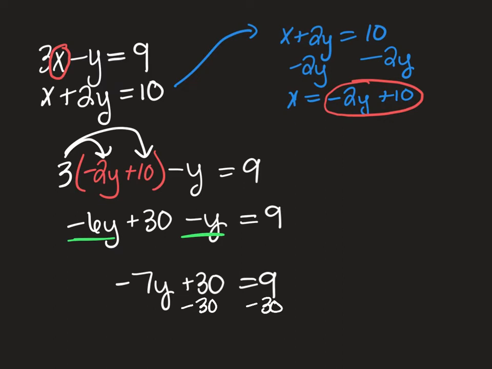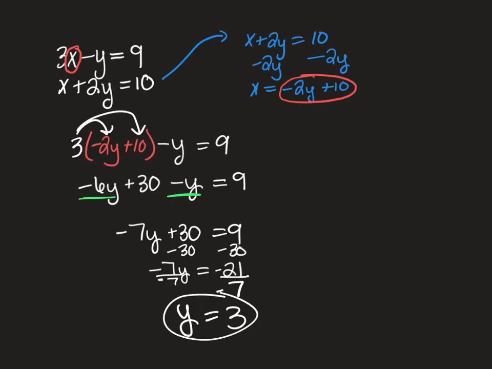So 9 minus 30 is going to give us what? Yep. And then divide by negative 7. We're going to take that value for y and plug it into that first equation we solved for. So we're going to take it back up here and plug it in for y.